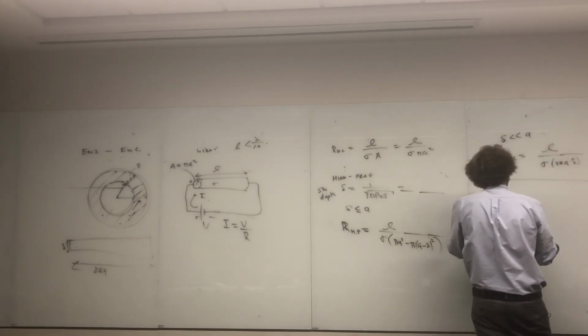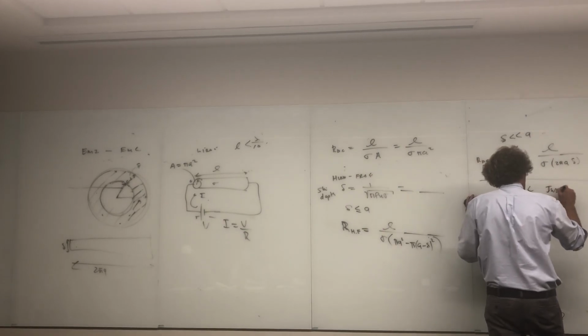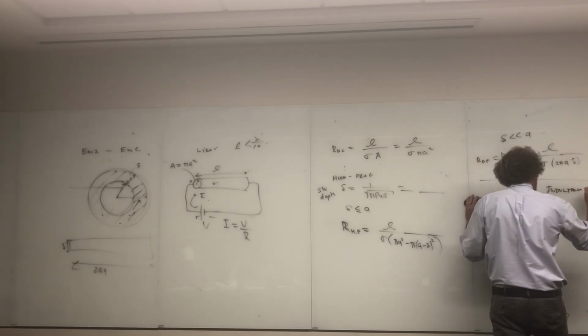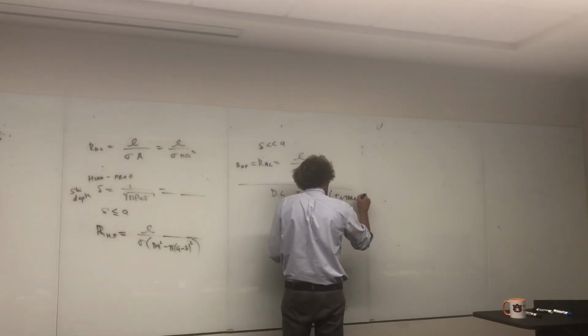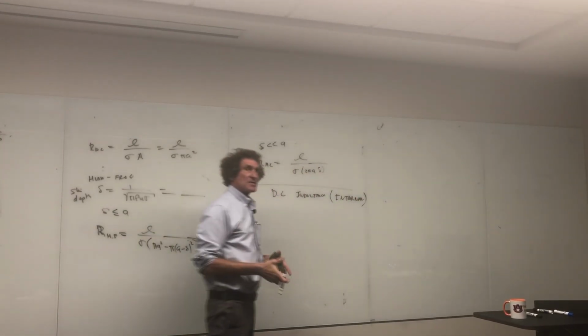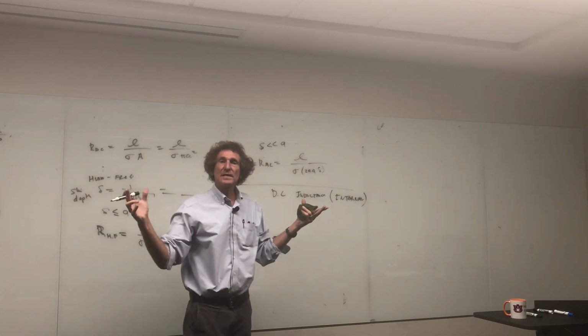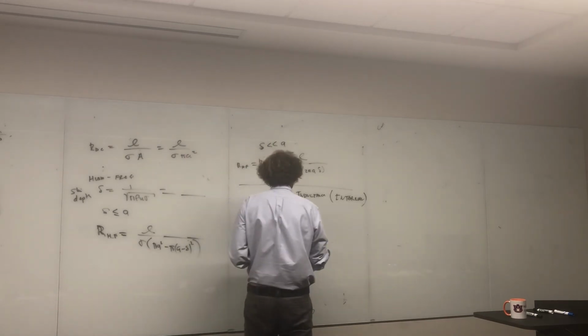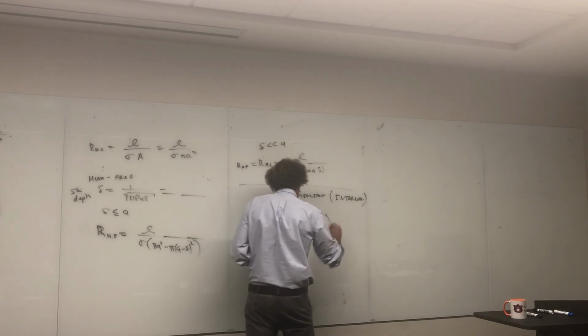Anyway, now we talk about the inductance, and this is going to be the DC inductance. Write this down: this is internal. What I mean by that is this has to do with the energy stored inside the wire, not outside. So when we talk about DC inductance, we draw a wire again.